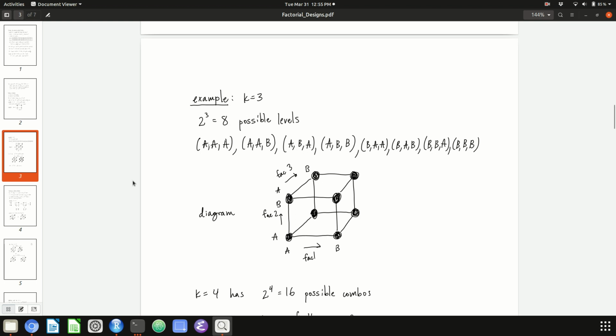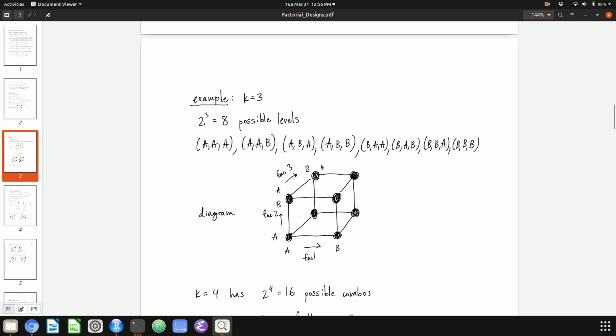If we want to diagram the factorial design, we can diagram it with this 3-dimensional figure. So here I've labeled this axis as factor 1, the vertical axis as factor 2, and the depth axis as factor 3. Each of these circles in the diagram corresponds to a particular setting for each of these factors. So let's circle this one here.